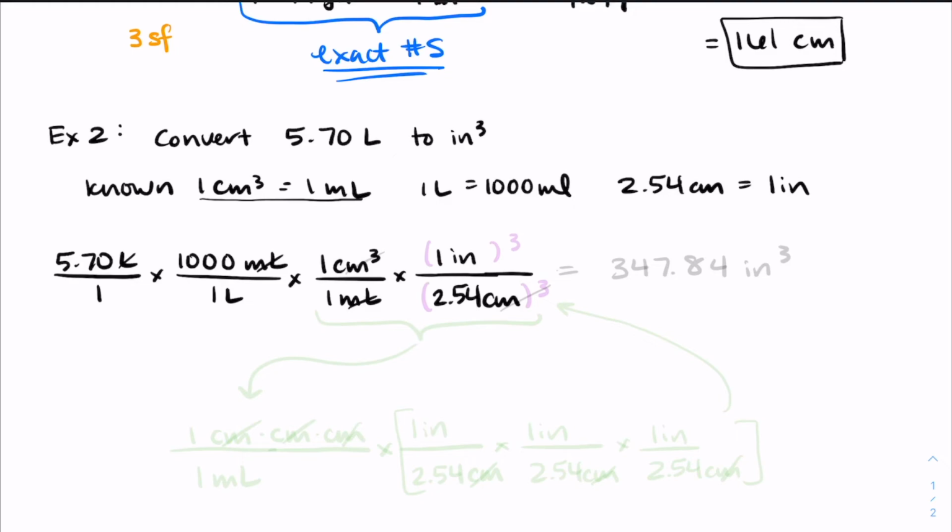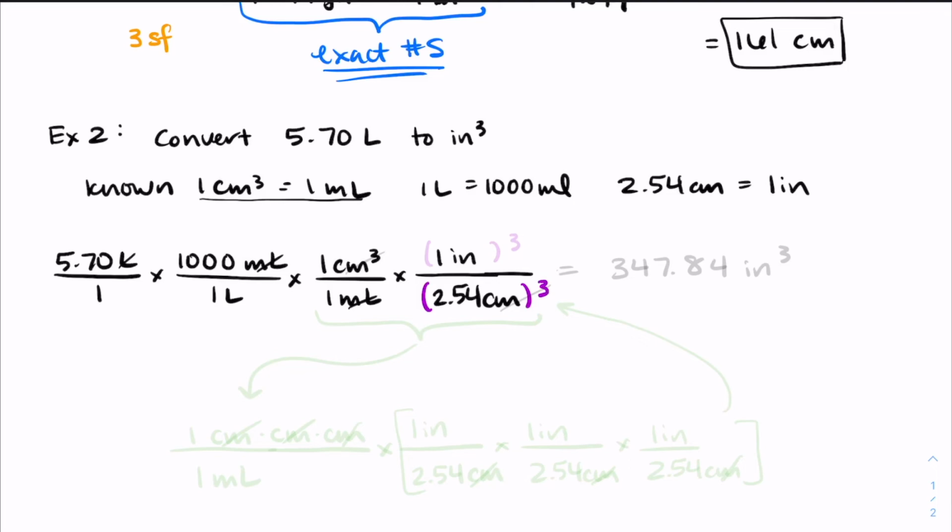And then 1 cubic centimeter over 1 milliliter, so milliliters cancels. Then I have cubic centimeters and I want to go to cubic inches. I can accomplish this with the 1 inch over 2.54 centimeters conversion if I cube that conversion.